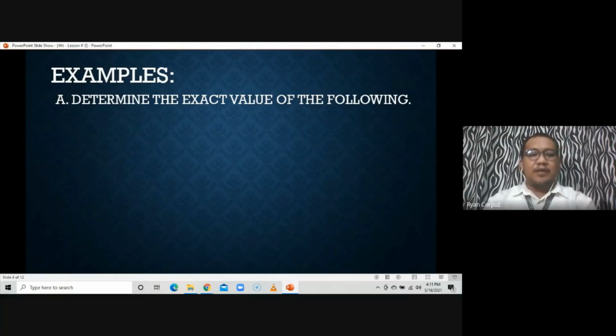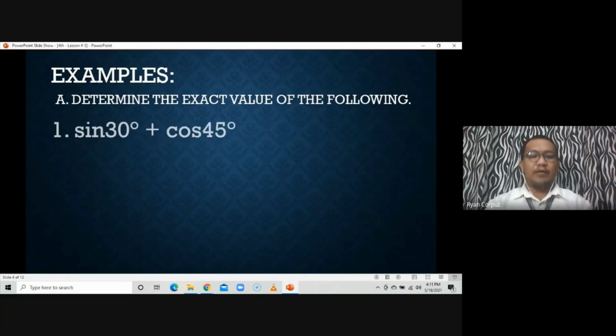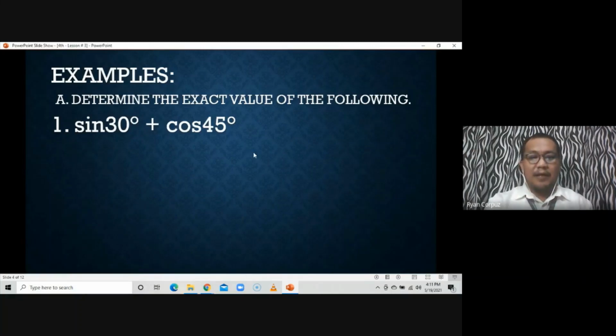Examples here: determine the exact value of the following. Let's start with number 1, sine 30 degrees plus cosine 45 degrees. These trigonometric functions come with special angles: sine comes with the special angle 30 degrees, while cosine comes with the special angle 45 degrees.